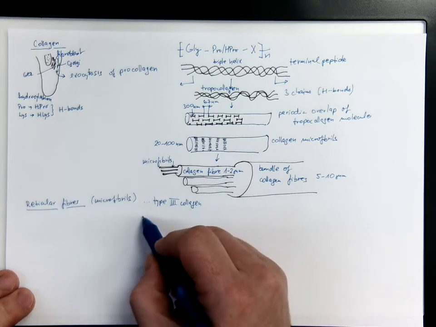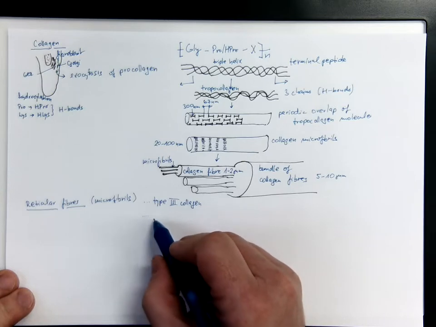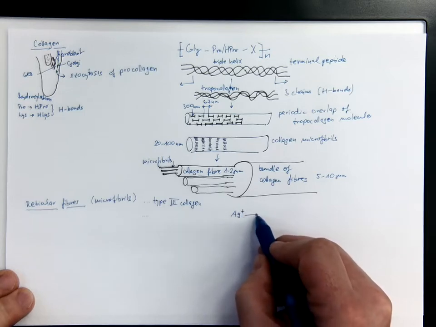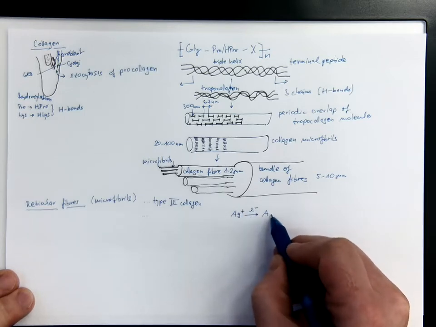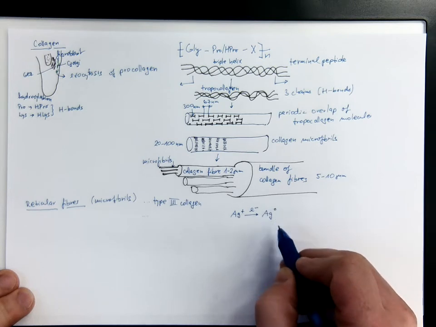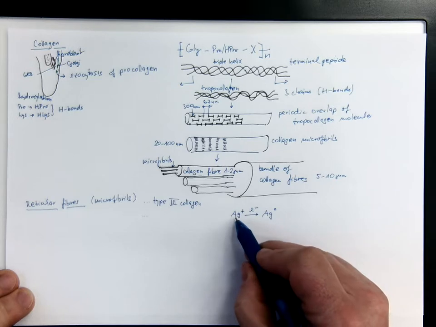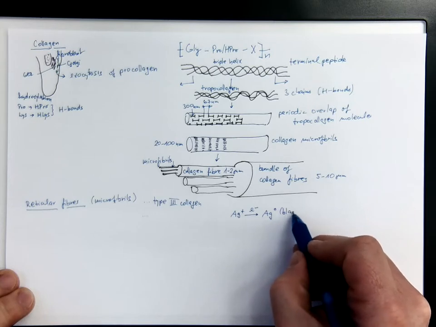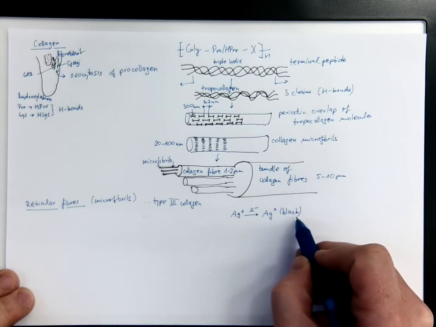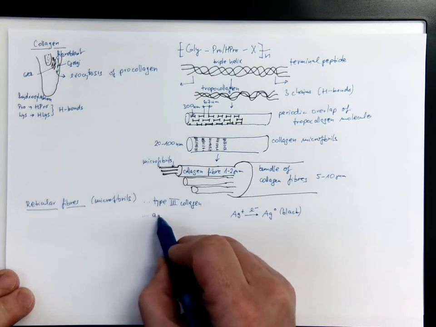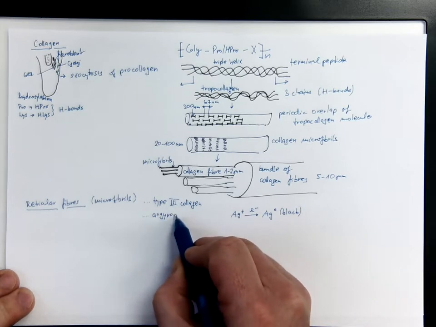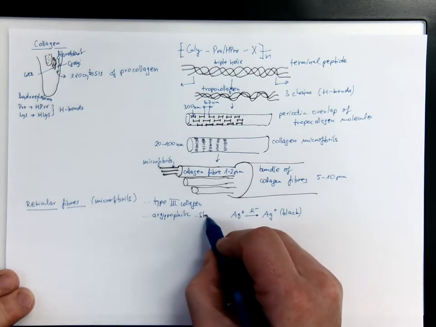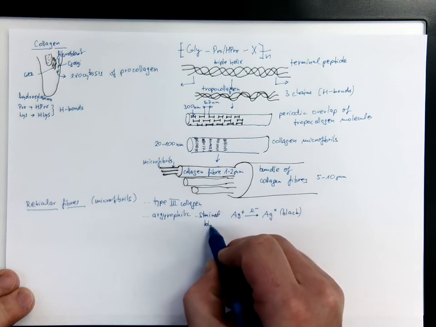However, we can use their ability to reduce the silver cations in a staining solution to black silver, which is the principle of classical photography, and that's why we call these fibers argyrophilic, and they appear stained black.